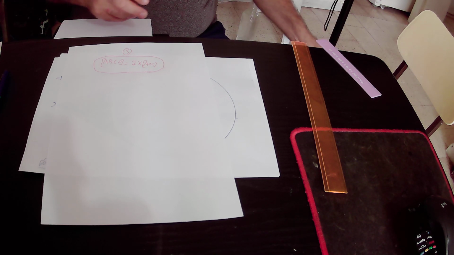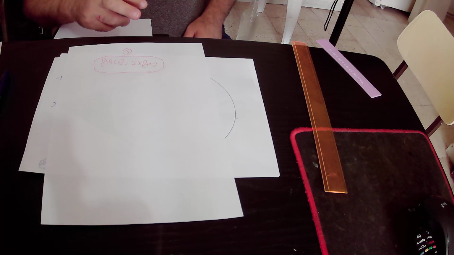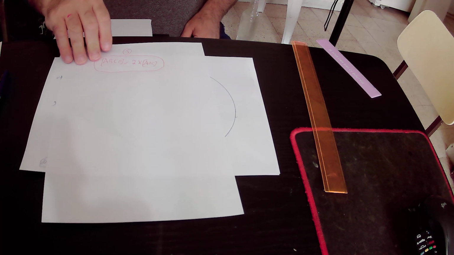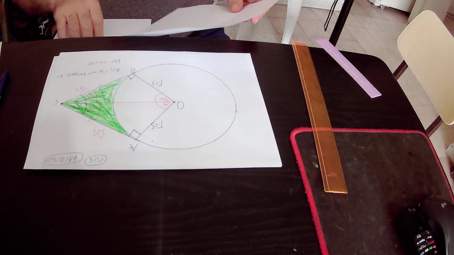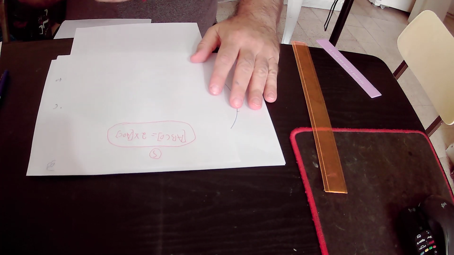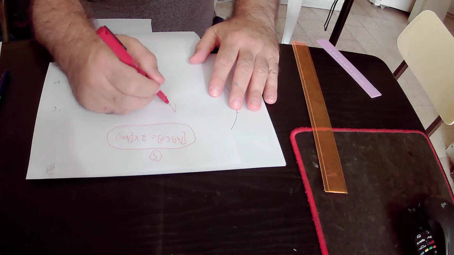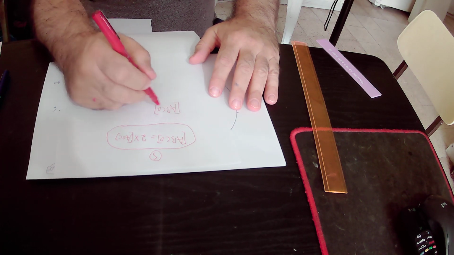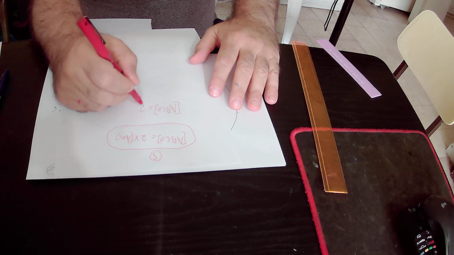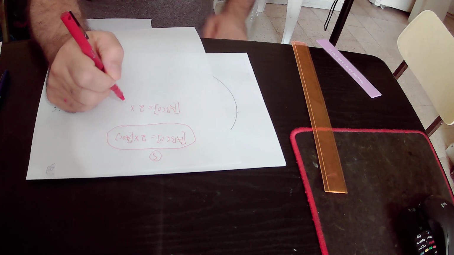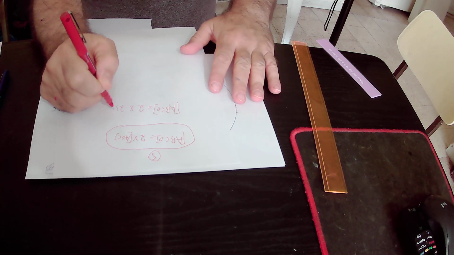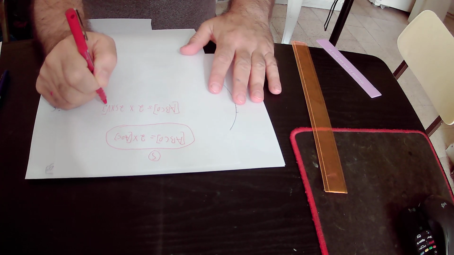But we have already found out that the area of triangle AOC equals 25 times root 3 over 2. So the area of quadrilateral ABCO will be equal to 2 times 25 times root 3 over 2.